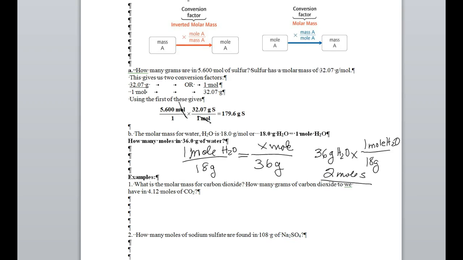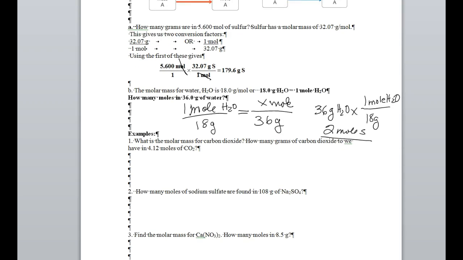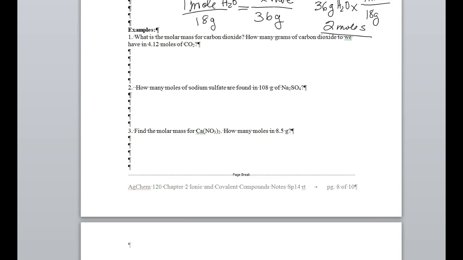I'll try to push this up here so it comes up further into the screen. Okay, so now we have to figure out the molar mass for carbon dioxide. So how would I do that? I have a C, which is 12, right? Well, you guys are out of it today.